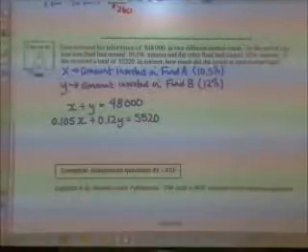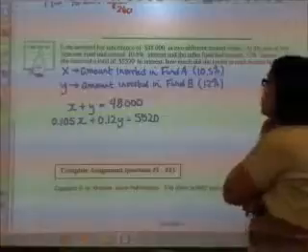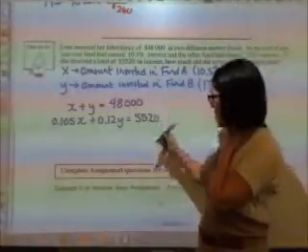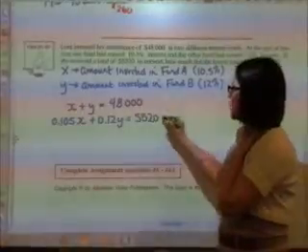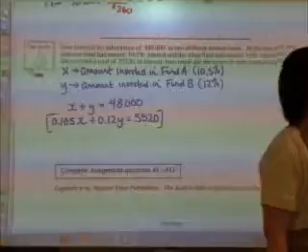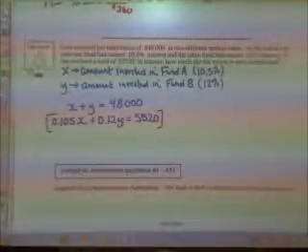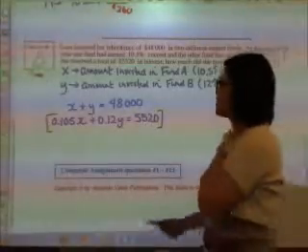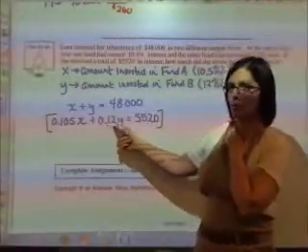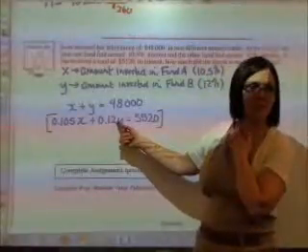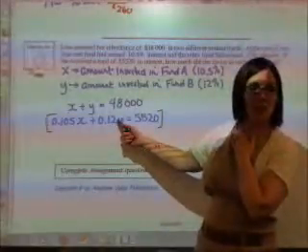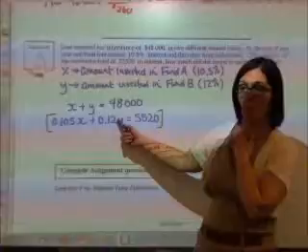So what I can look at doing is with this equation right here, my second equation, I've got these decimals, and they're not great decimals to work with. So I can eliminate my decimals. What can I multiply 0.12 by to get rid of the decimal? It's in the hundredths place, so I can multiply it by 100.